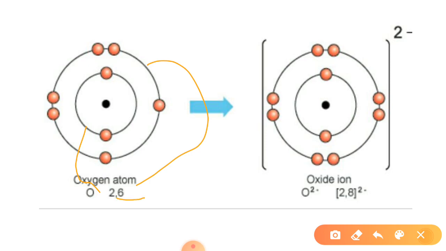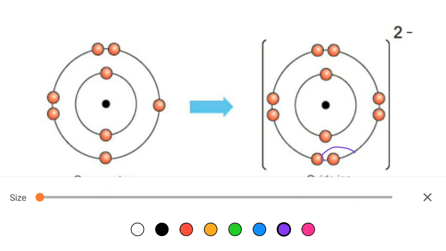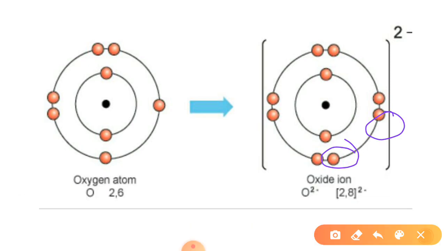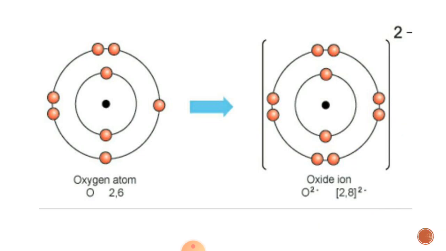Either it loses 6 electrons, which is very difficult, whereas to accept 2 electrons is very easy. Here you can see that in the inner orbit there are 2 electrons, and it gained 2 electrons, this one and this one. These electrons are new ones, so it becomes 8. As it gains 2 electrons, the anion is -2.